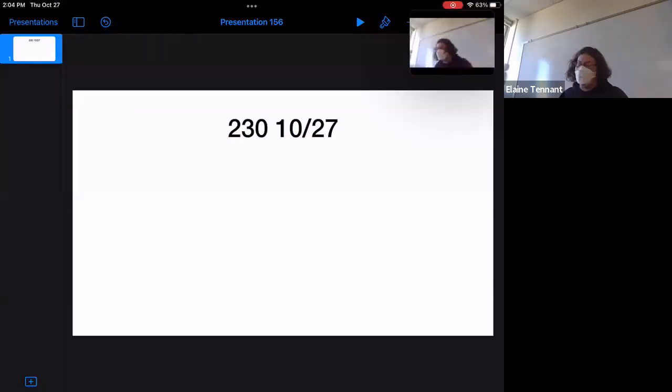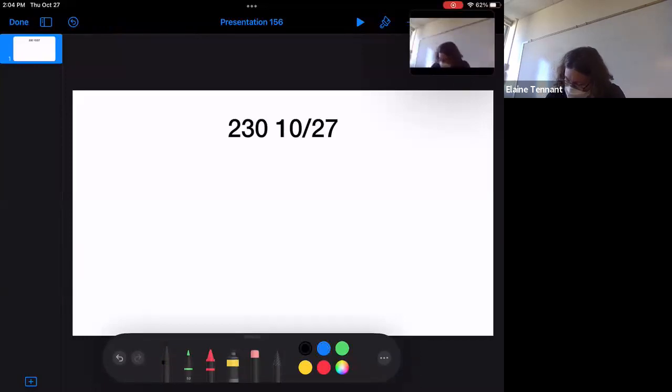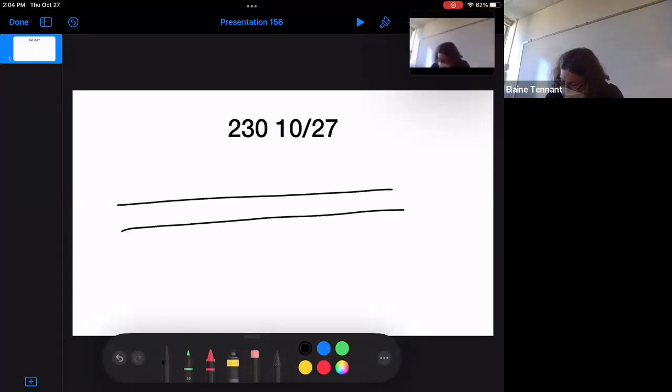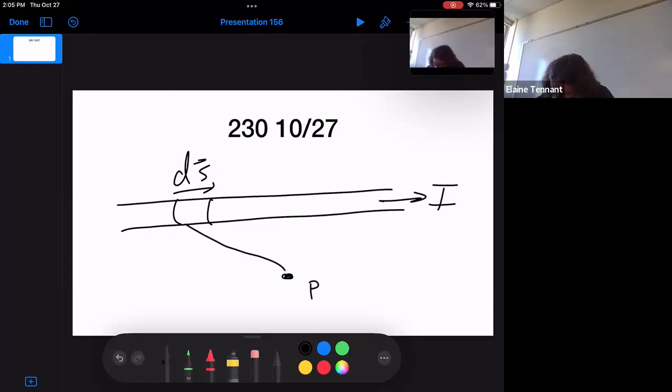Hold on. Okay. We were doing the Biot-Savart law, where we figured out a magnetic field due to a wire. It was a kind of nasty equation where I have this wire, and a small chunk of this wire, ds, where my current is going that way, and some point out in space P, where r goes from my ds to my point in space.